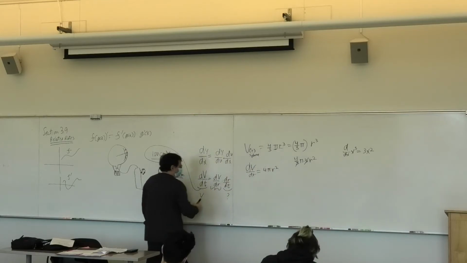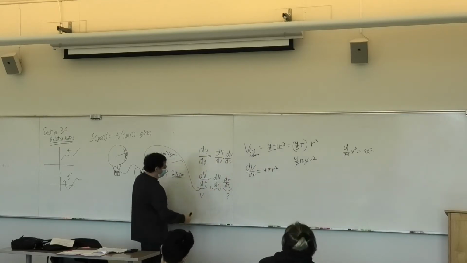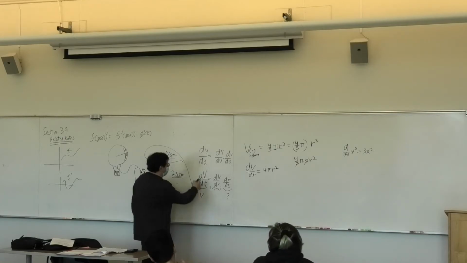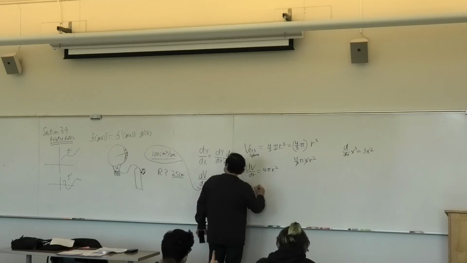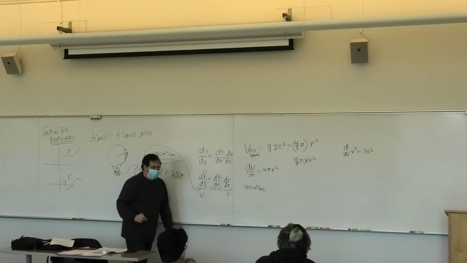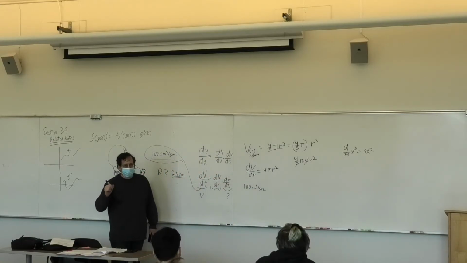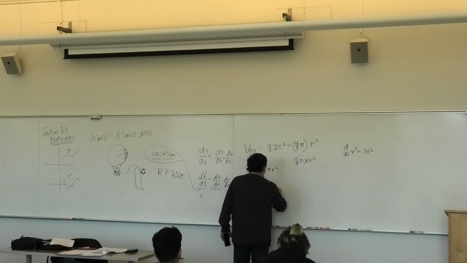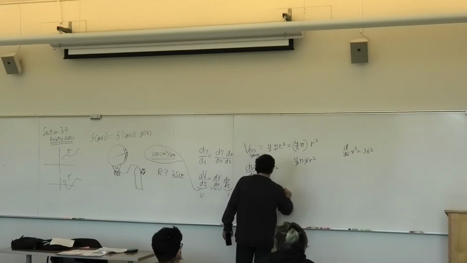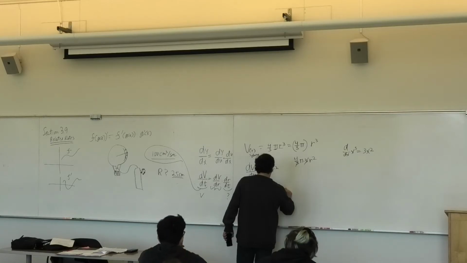Now let's plug everything into this equation and see what we get. So dV/dt is 100 centimeters cubed per second. I'm going to try to keep the units in here, because if the units don't work out, we know we made some kind of mistake. Times 4 pi r squared, that's dr. That doesn't look right.